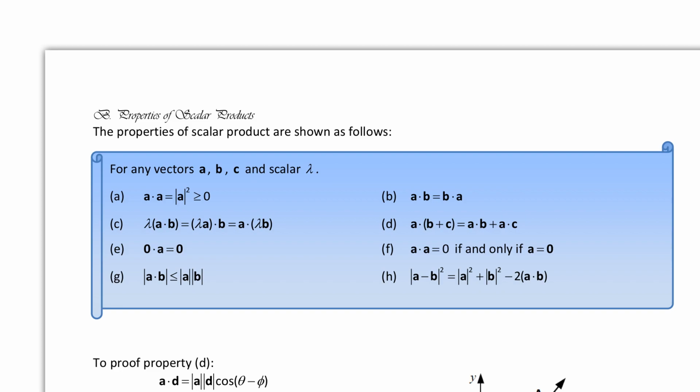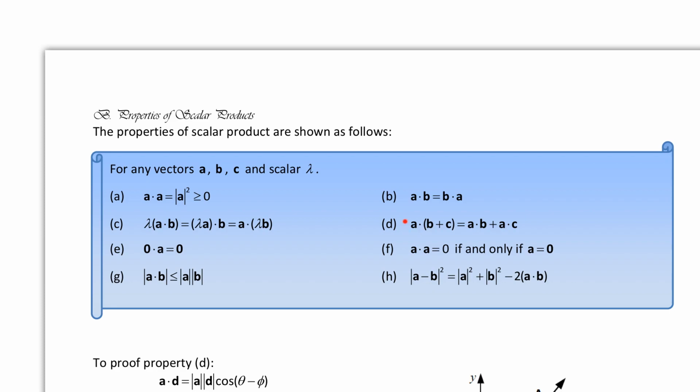Maybe we will apply them one by one. But the most important, the most obvious, and the one we will use most frequently is property D. How to simplify A dot vector B plus C, which is equal to A dot B plus A dot C. Maybe you will think that this is obvious, but in the vector field, that means in this topic, we have a new definition of this dot.